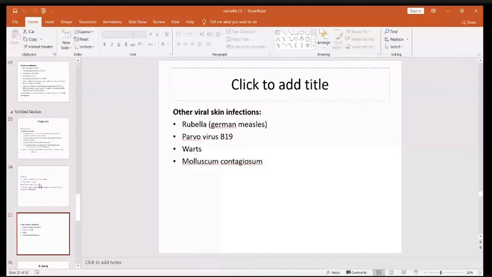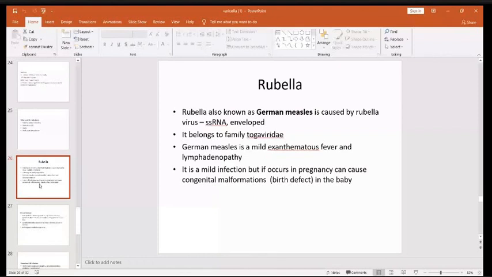That is rashes with fever, and it is associated with lymphadenopathy. And lymphadenopathy is most prominent in rubella as compared to measles, and generally suboccipital lymph nodes or posterior auricular lymph nodes are the common lymph nodes involved. The infection is less severe as compared to measles, generally mild and self-limiting, but if it occurs in pregnancy, then it can be associated with congenital malformation.